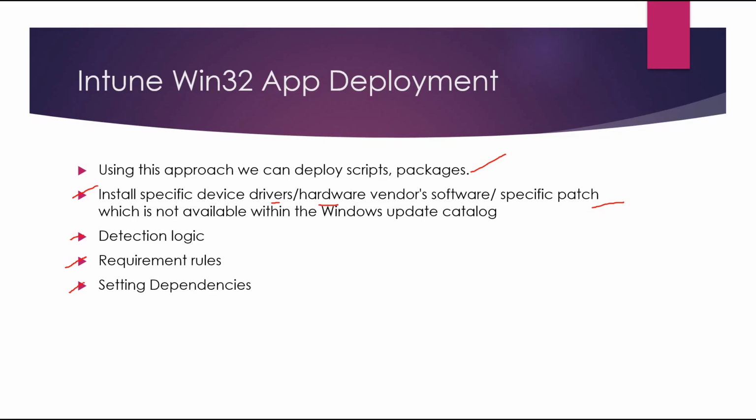Once app B is installed and detected, only then app A installation will start on the device. So this is another advantage of doing a Win32 app deployment. It lets us set up dependencies.